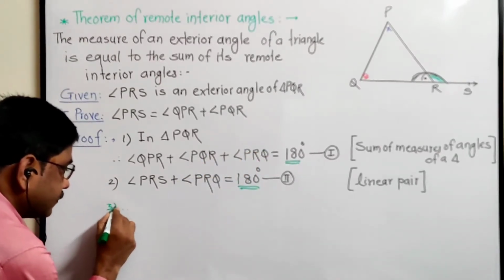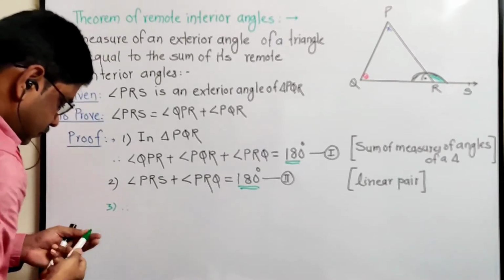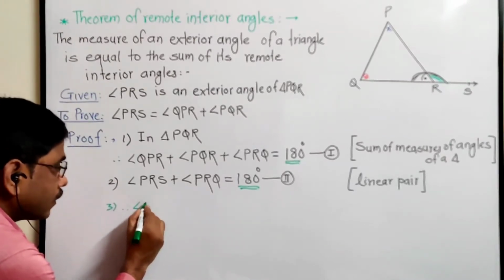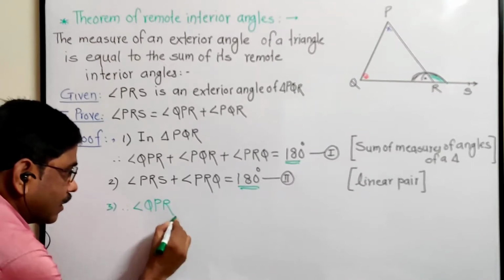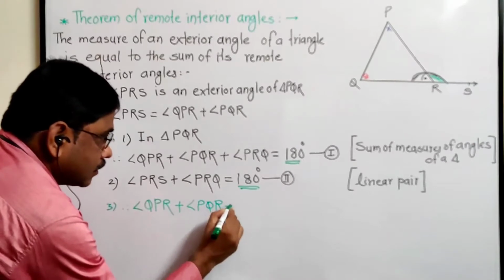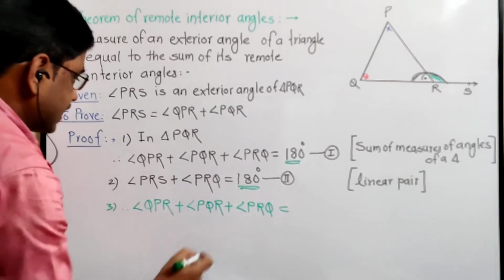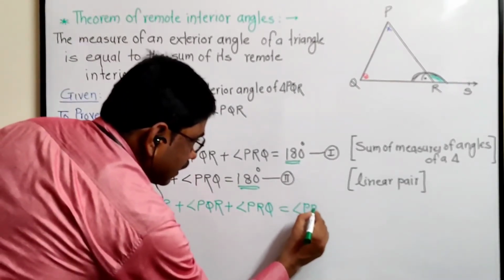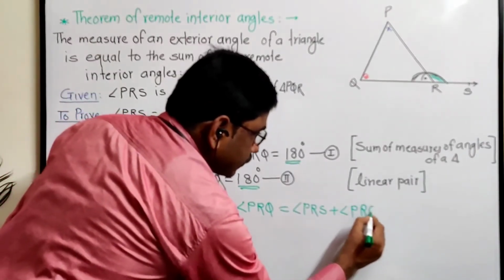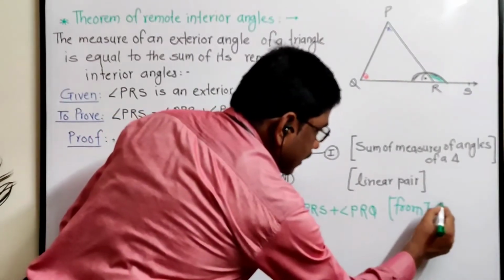Therefore, third point: angle QPR plus angle PQR plus angle PRQ is equal to the left hand side, angle PRS plus angle PRQ. And the reason is from 1 and 2.